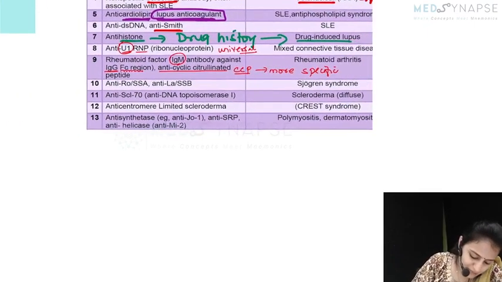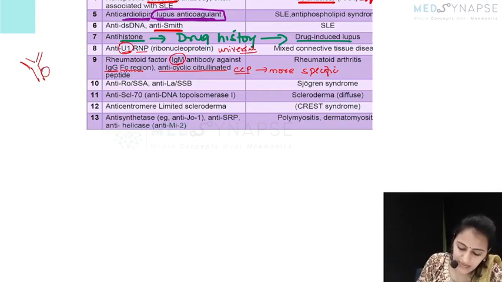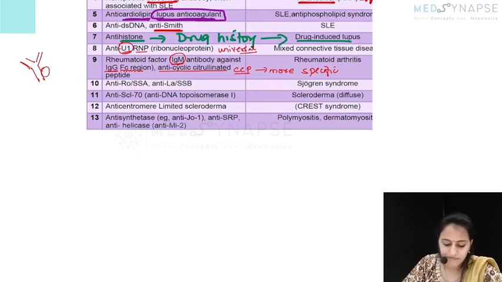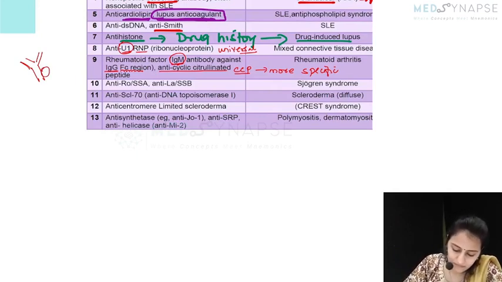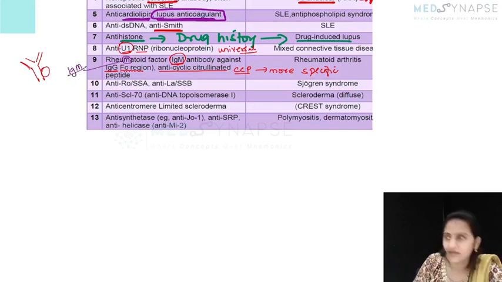Right? Whenever there's an immunoglobulin, the antibody has a heavy chain, the light chain. It has a region which binds to the complement. So basically IgG के FC region का antibody, IgM antibody is rheumatoid factor. So remember that rheumatoid is M. It's a IgM against IgG.